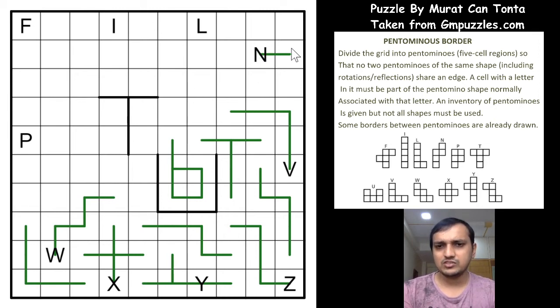So either way, if this is the cell for the N, then at one point you will strand the 2 cells here, or you won't form an N here, right? So this cell is not part of the N, and the other possible way is this one. So you form a V here again.